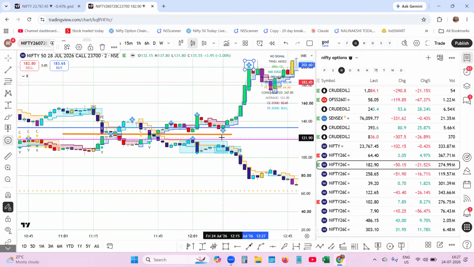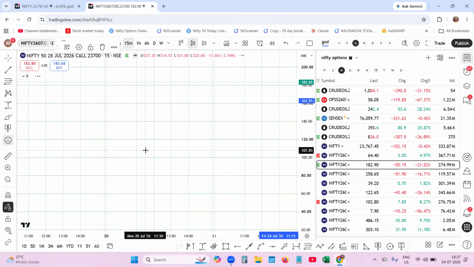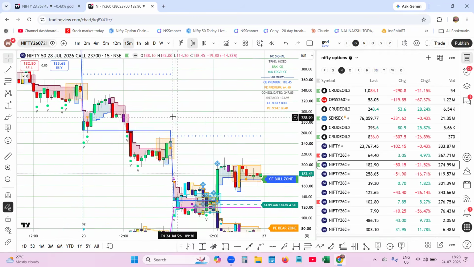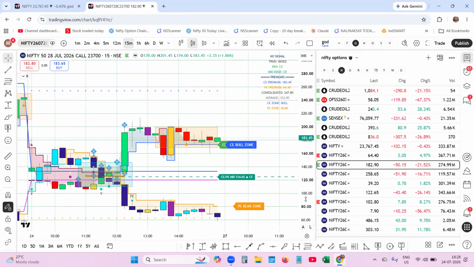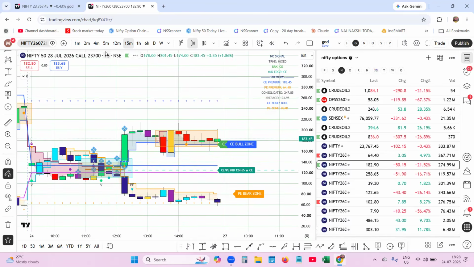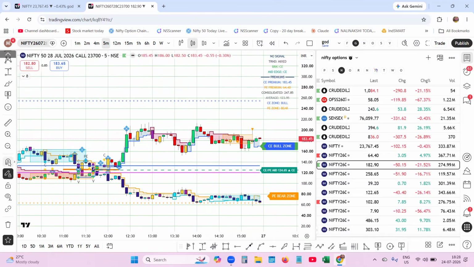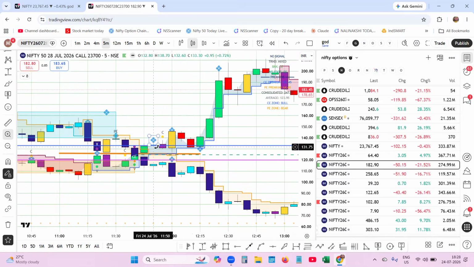Another hack is engulfing after compression. Okay, let me go to the 15 minutes time frame. What you are seeing is the engulfing. Even on 5 minutes we can see the engulfing candle after the compression. You can see these were the candles, right?